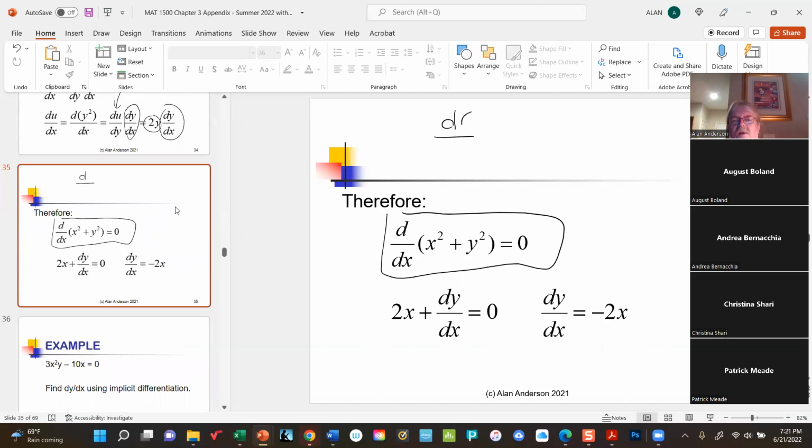Remember, d(x squared)/dx is just 2x. And we just got through showing that d(y squared)/dx is 2y dy/dx. So basically, we're just adding them together.